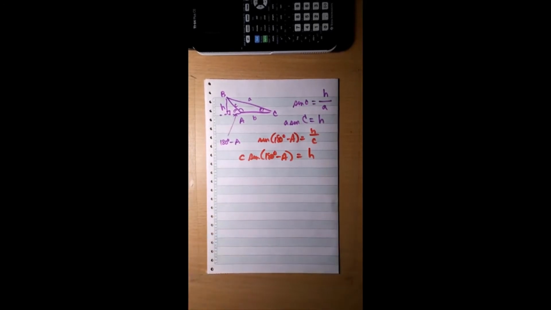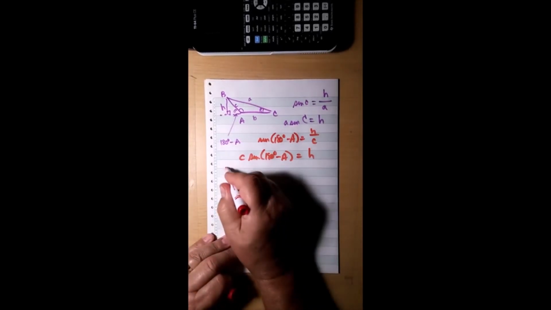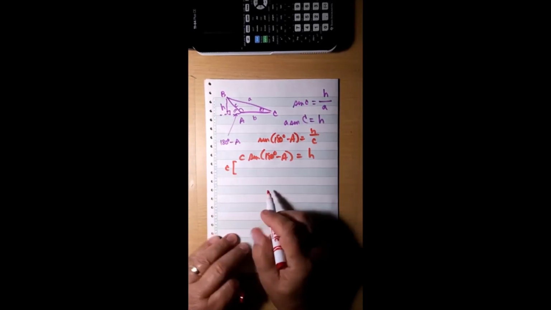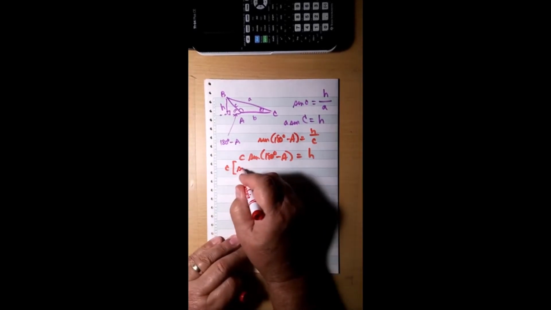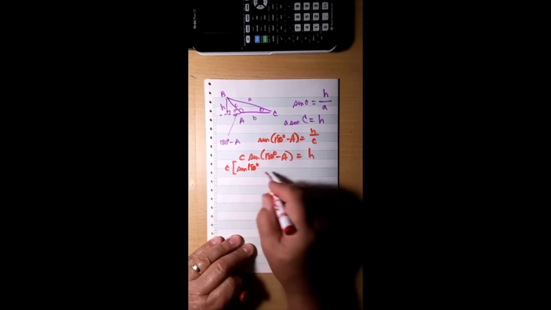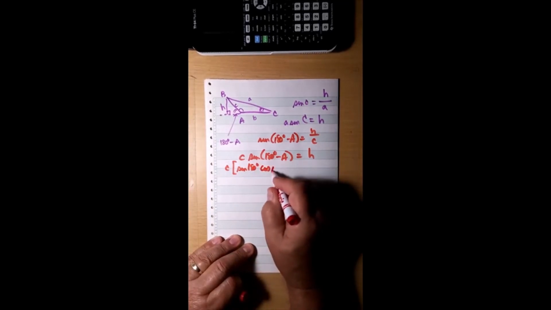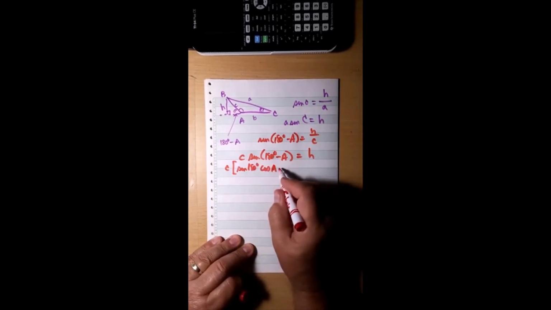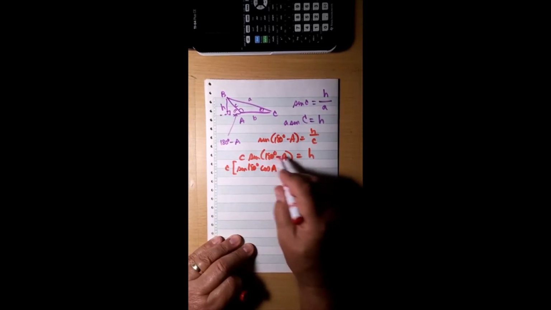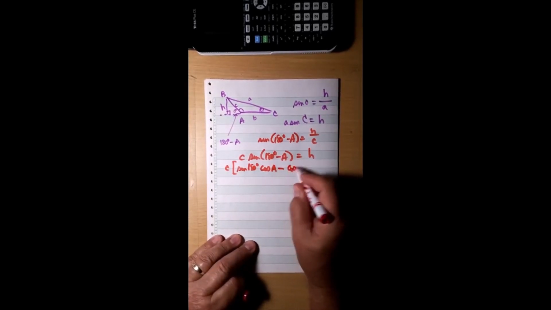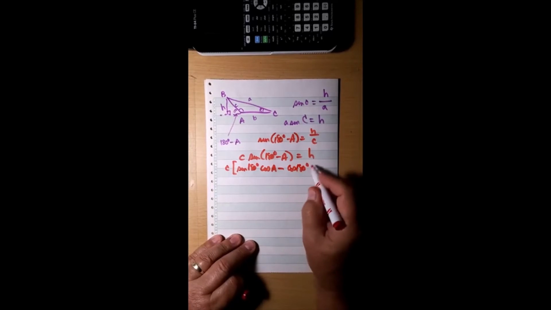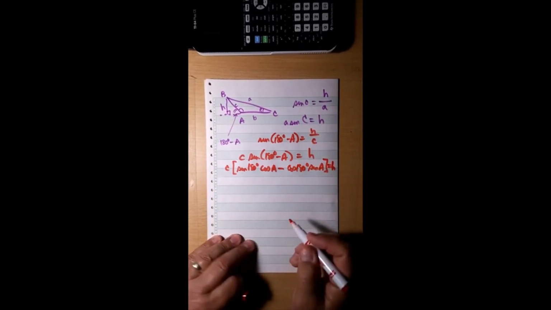Well, let's work on this for just a second, because the sine of 180 degrees minus A is not very helpful for having a law of sines. But we can use the difference formula: the sine of the first, sine of 180 degrees, times the cosine of the second, A, minus the cosine of the first, 180 degrees, times the sine of A, that equals h.